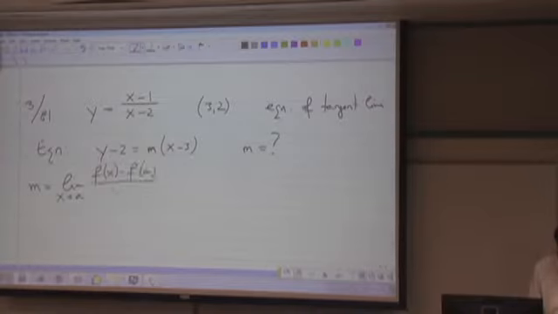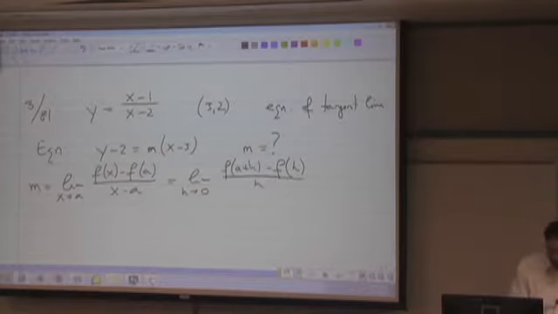So this is the first method that says as x goes to a, or we can do the second method, f of a plus h minus f of a divided by h.